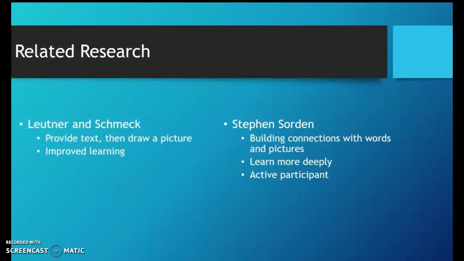Leutner and Schmidt found that when learners were provided with text and then told to draw a picture with the main elements related to the text, it improved learning rather than the text alone.